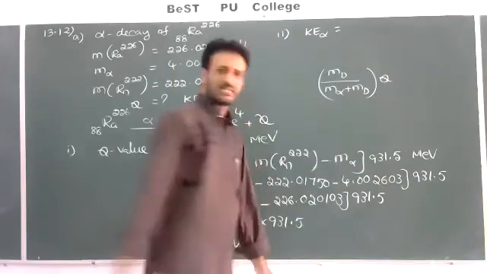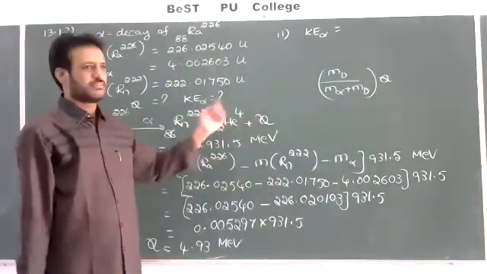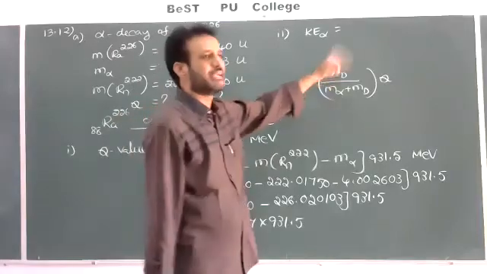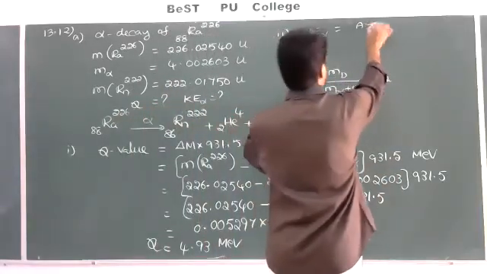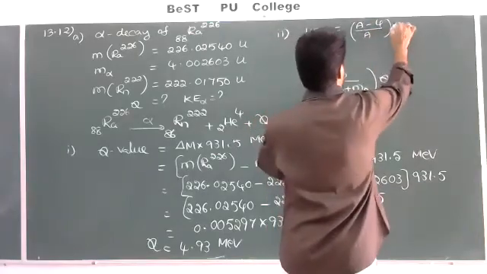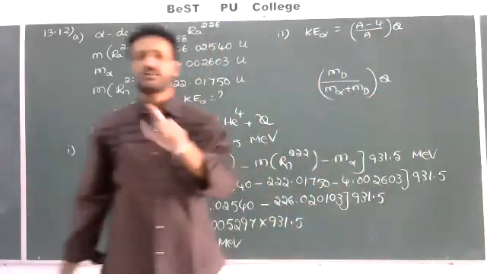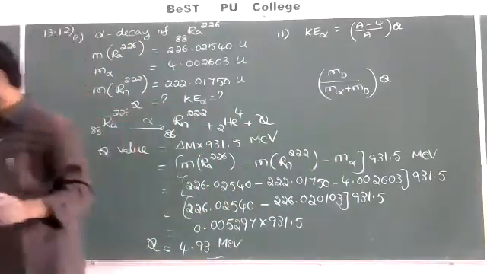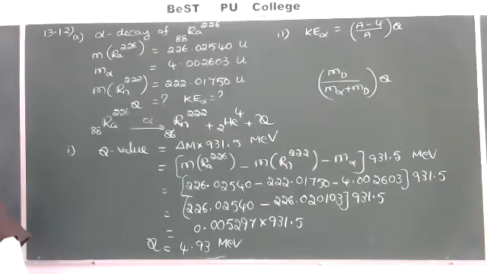So this formula is given, but here for mass you can write A minus 4, a direct formula: A minus 4 by A into Q. In notes I have already given the simplification from the law of conservation of momentum, so it will be easy for you.